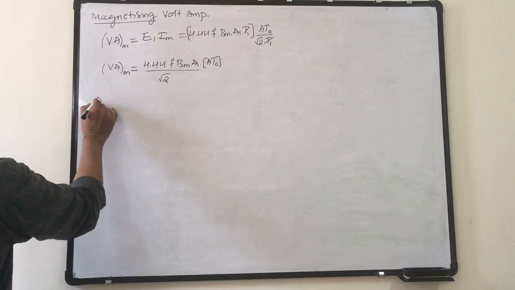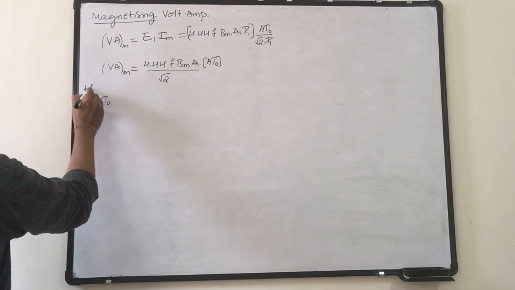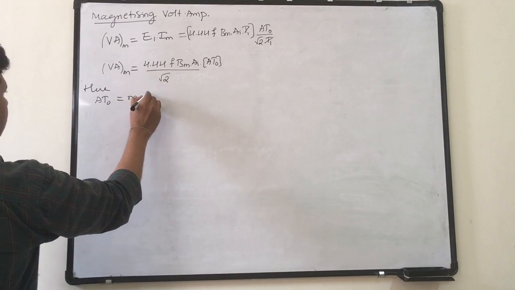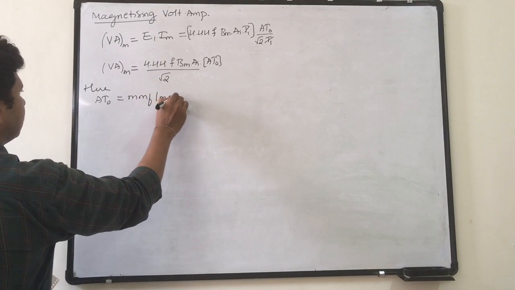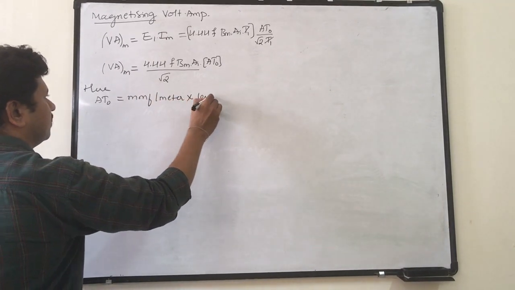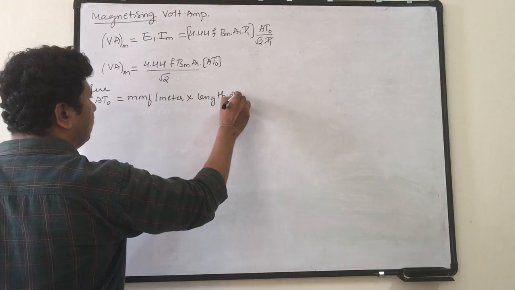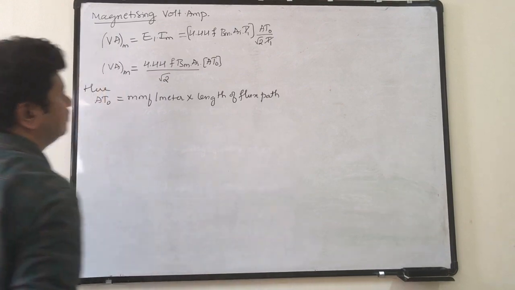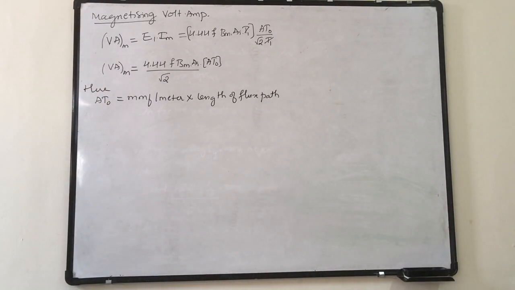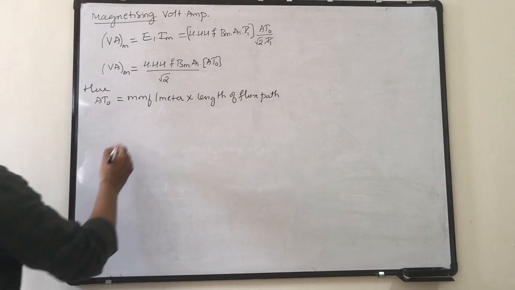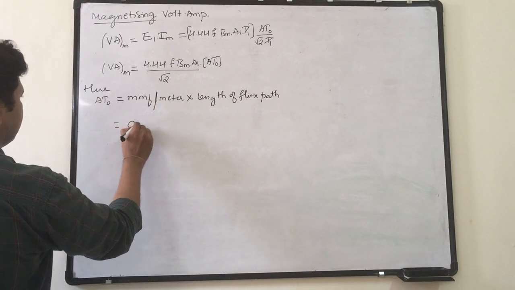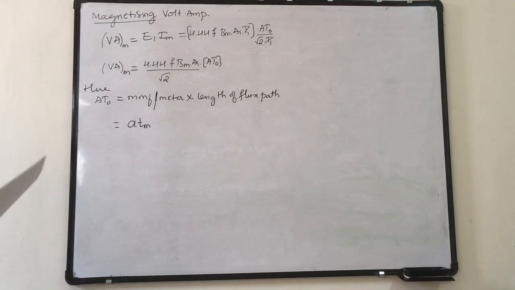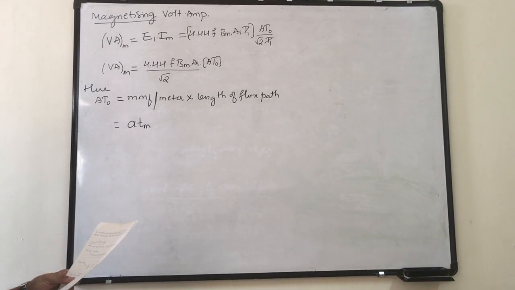So AT0 is equal to mmf per meter multiplied by length of flux path. That is nothing but ATm, mmf per meter. Generally mmf per meter will be same for core and yoke.